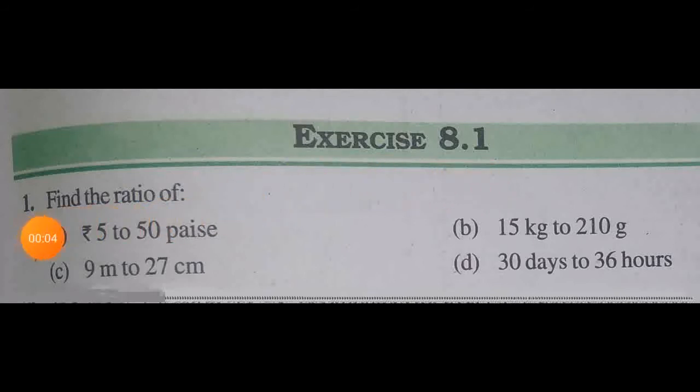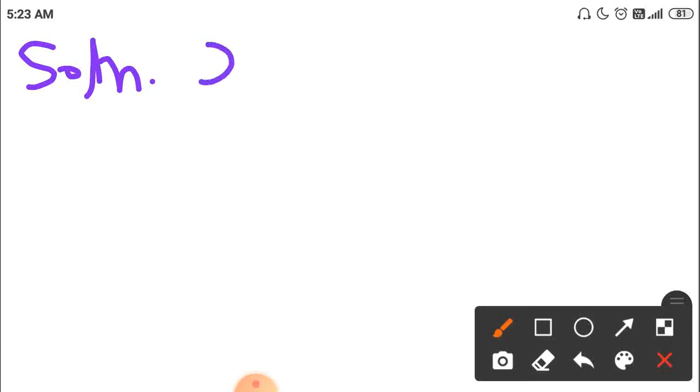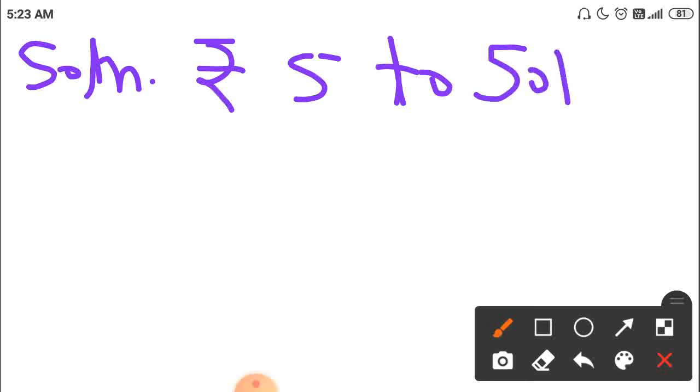Question number 1. Find the ratio of part A, rupees 5 to 50 paise. In the solution we write rupees 5 to 50 paise.